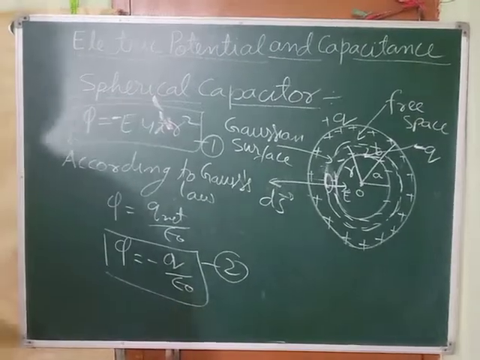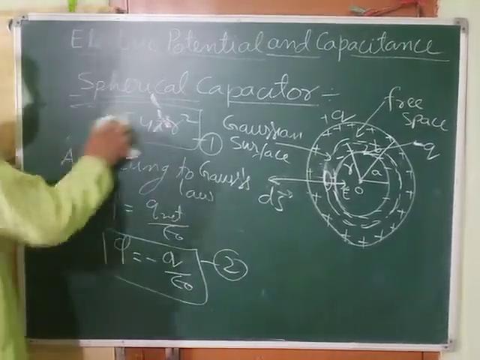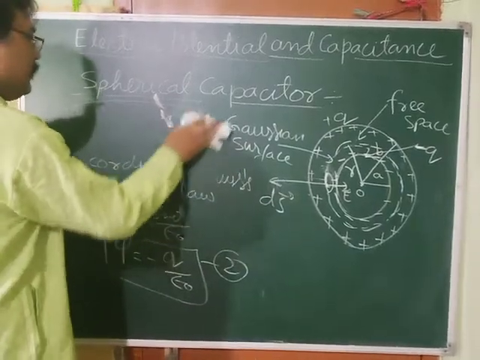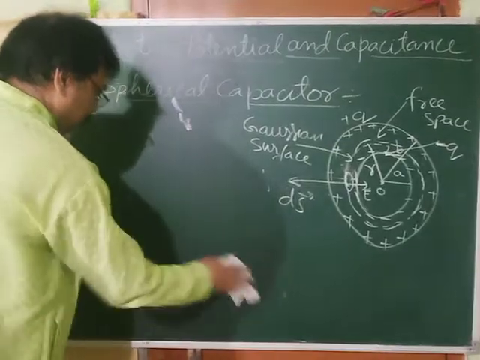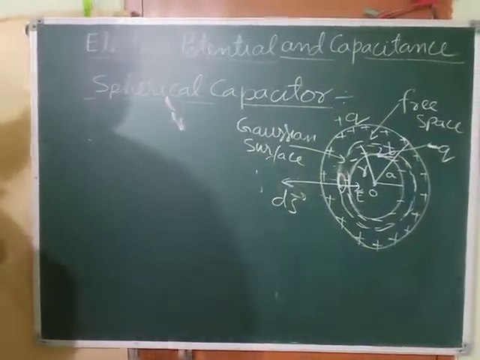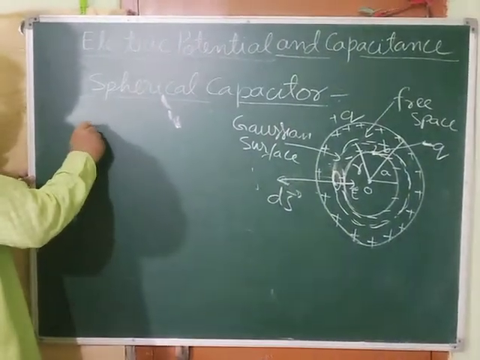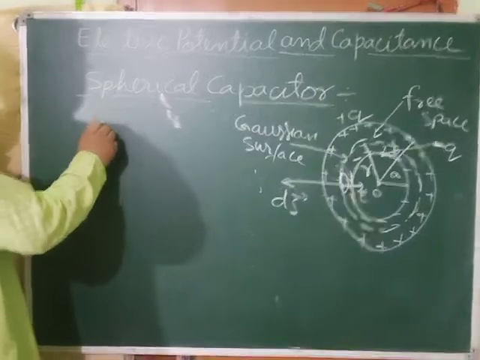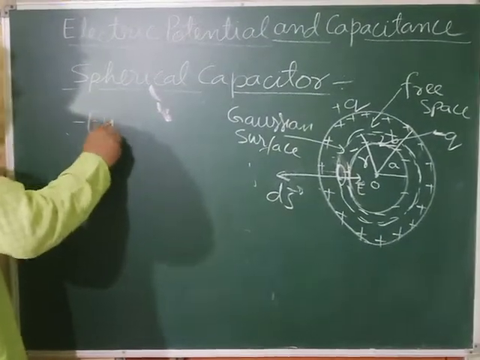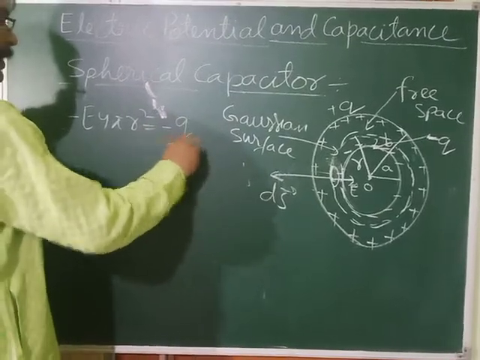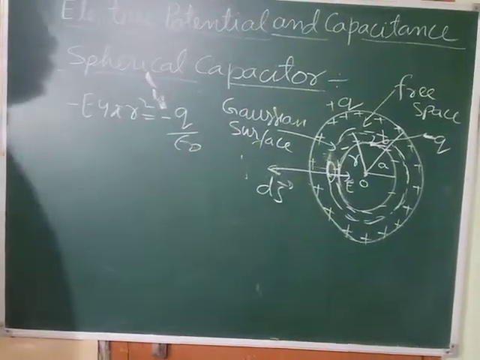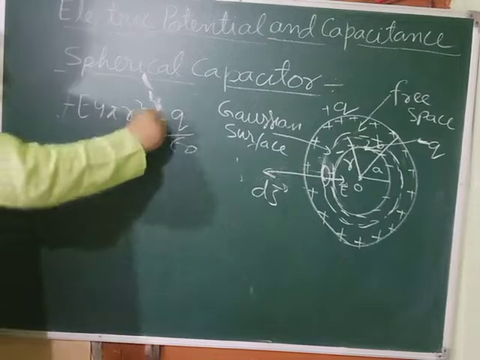Now from equations 1 and 2, I'm going to remove this. From equations 1 and 2, what we'll get? It is minus E into 4 pi r square is equals to minus Q by epsilon naught. That's what you are getting. Both the minus will cancel out first.